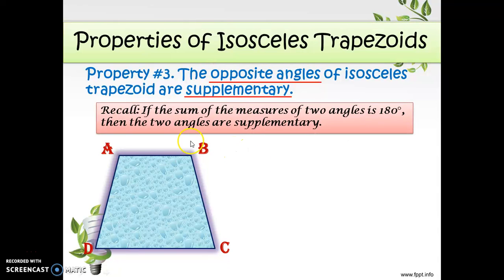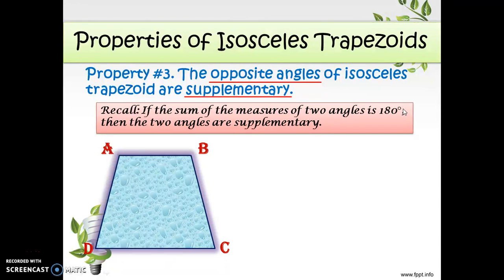If the sum of the measures of two angles is 180 degrees, then the two angles are supplementary. So, the two angles should measure 180 degrees, so that we can say that they are supplementary to each other.